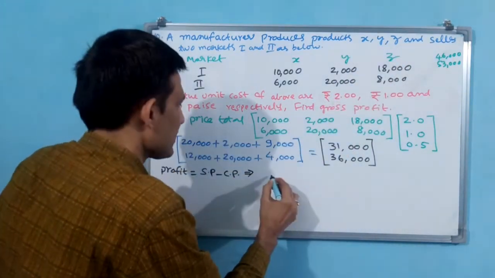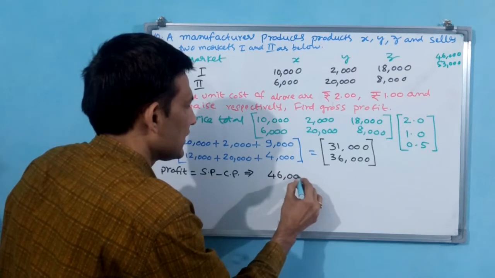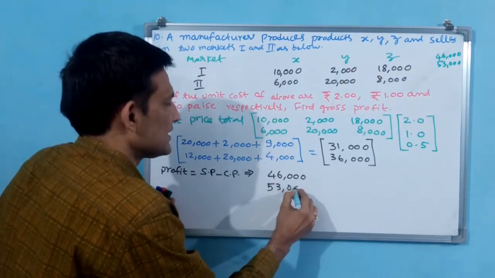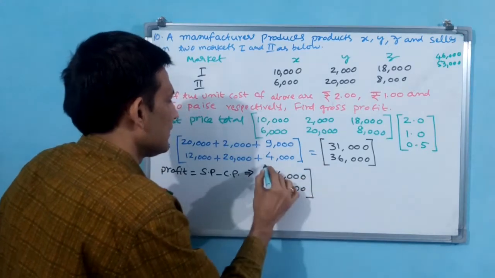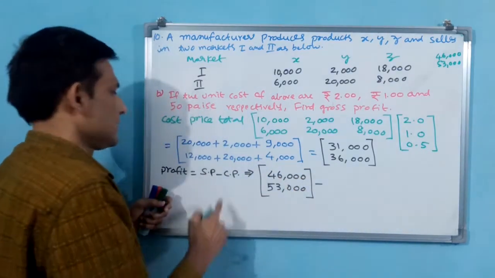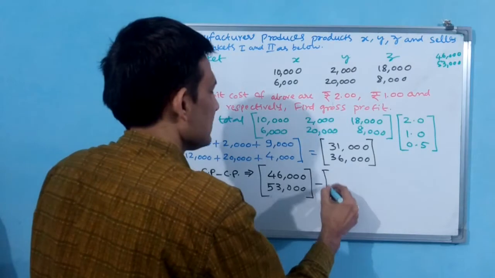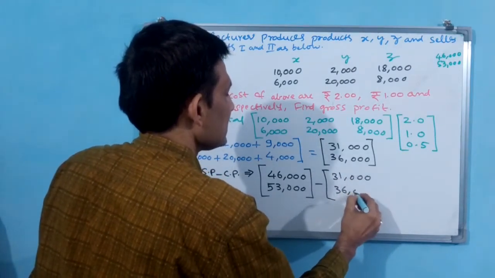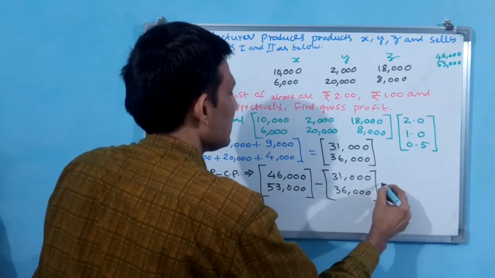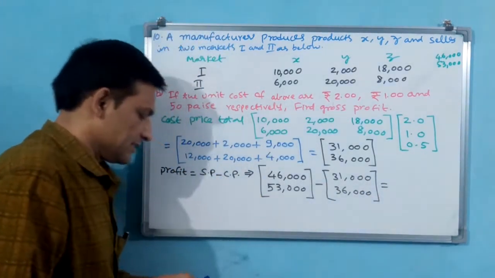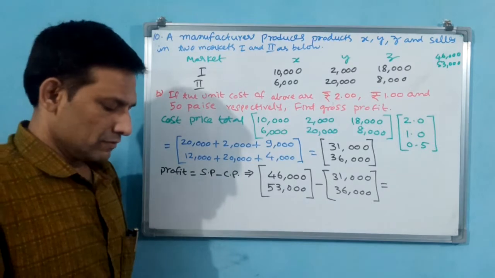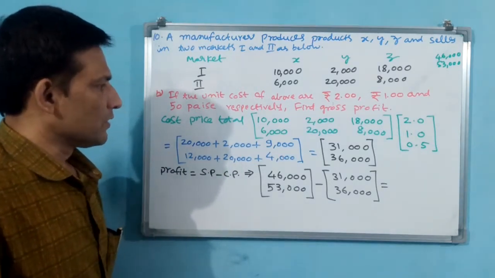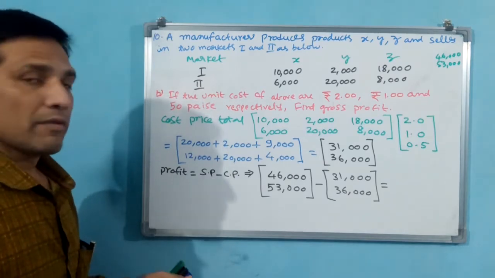Selling price is that one, 46,000 and 53,000, minus cost price, which is this, 31,000 and 36,000. That is equal to, write down, how much will come? 15,000.